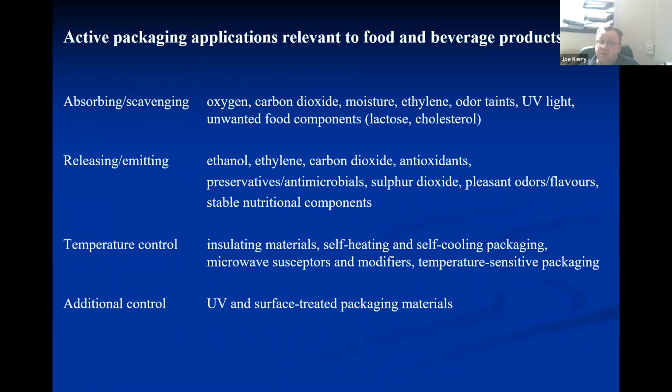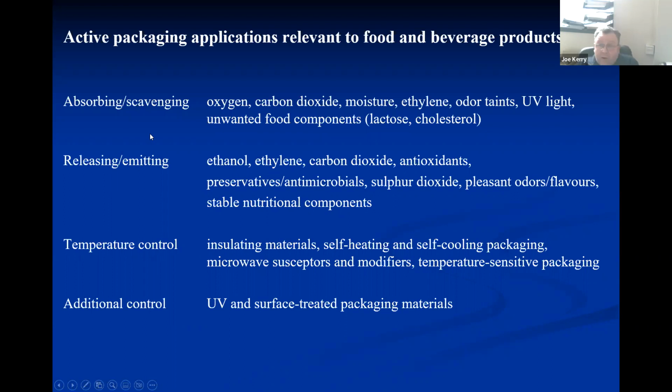To describe this in a little more detail, active packaging, which you now know interacts with a product to try and extend its shelf life, can work in different ways. As we saw in the last slide, you can have technologies which are absorbing or scavenging.